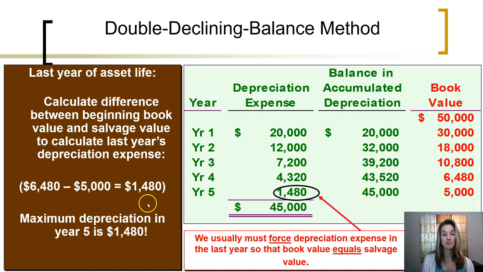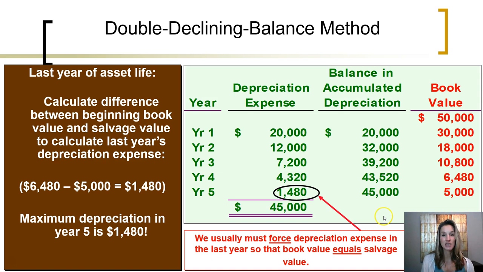So the maximum depreciation that we can record is $1,480. We force the depreciation in that last year to be such that we will allow the book value to equal the salvage value. So year 5's depreciation expense will be $1,480, bringing its balance in accumulated depreciation up to $45,000, and its book value will be $5,000.